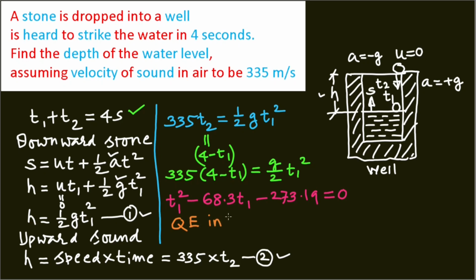This is a quadratic equation in t1 which we can solve by using quadratic formula t1 equals minus b plus minus square root of b square minus 4ac upon 2a.